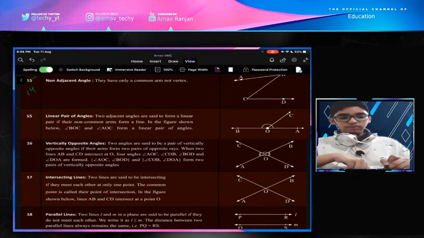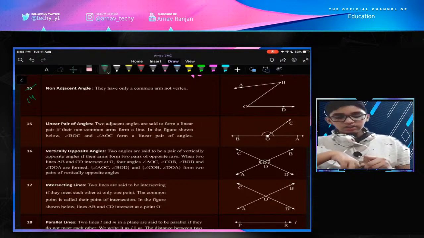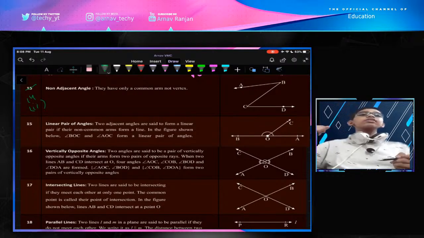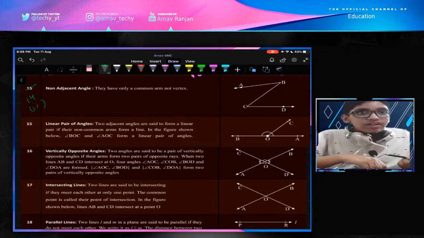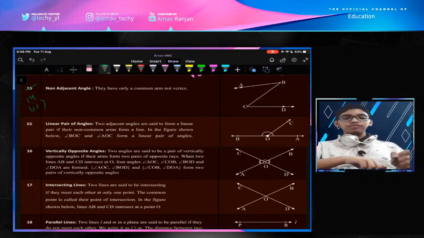The angles which are not adjacent are called non-adjacent angles. So these are very simple theorems, or meanings of angles.